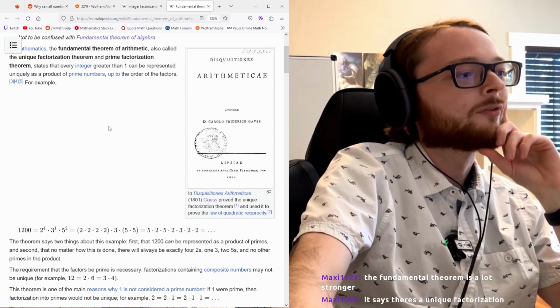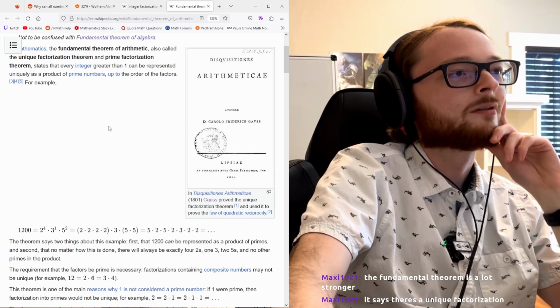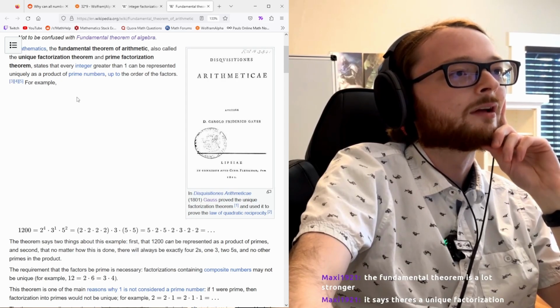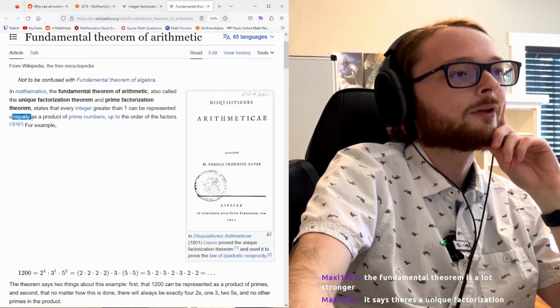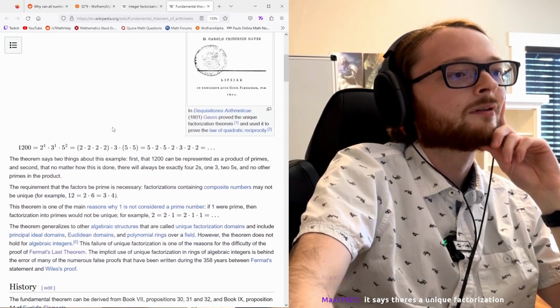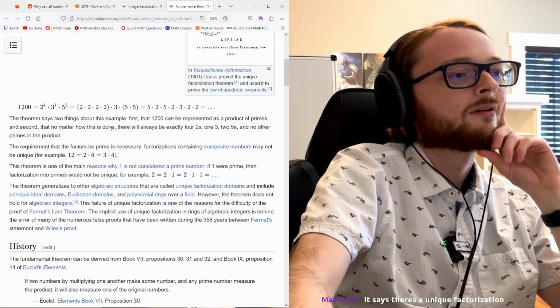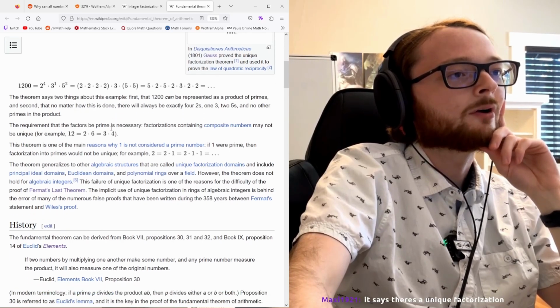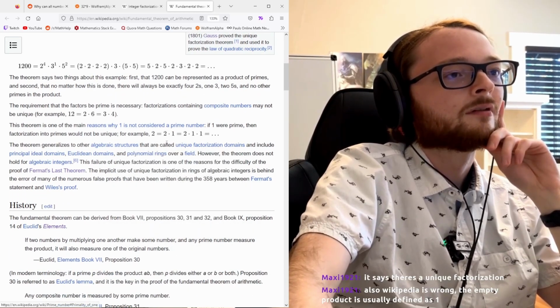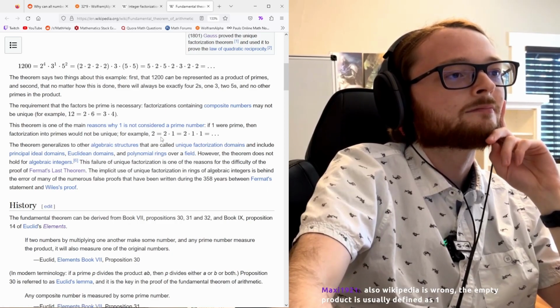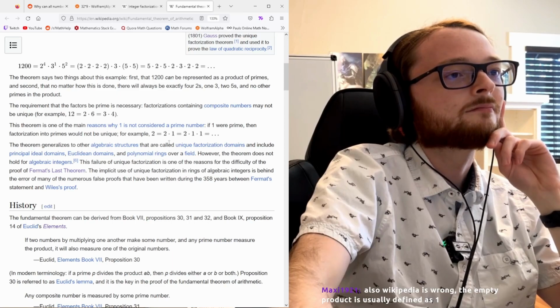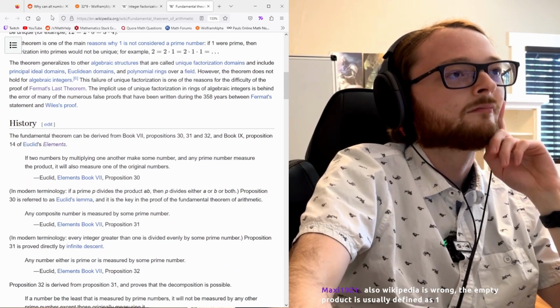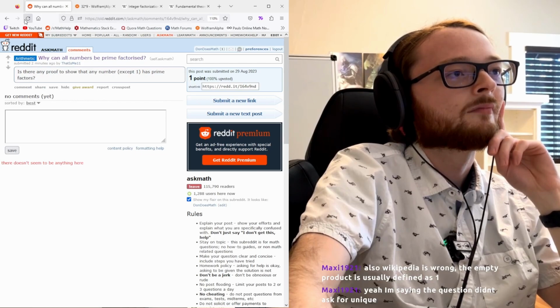The fundamental theorem is a lot stronger. Isn't this it? This does say uniquely. Empty product. Oh, okay.